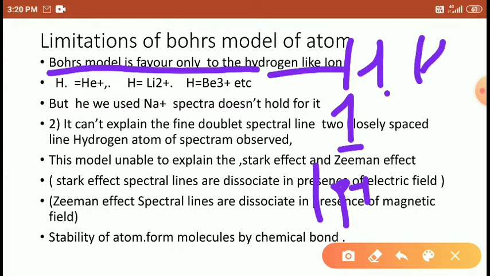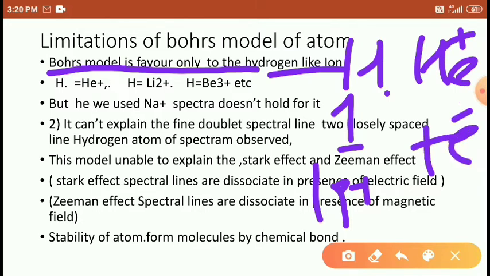If we consider a helium ion, it also contains one electron. So if we use helium ion gas in place of hydrogen, it also shows some spectral lines with dark spaces.